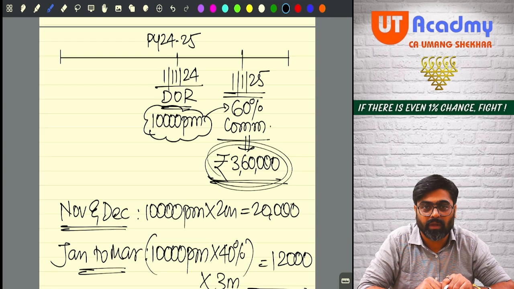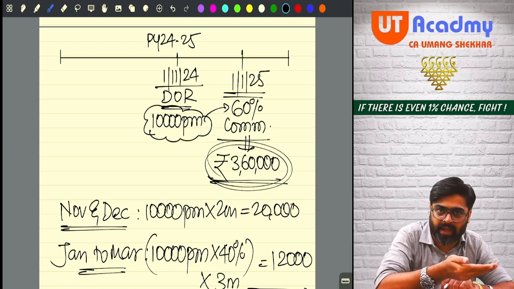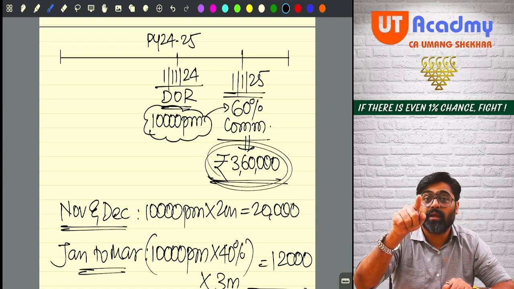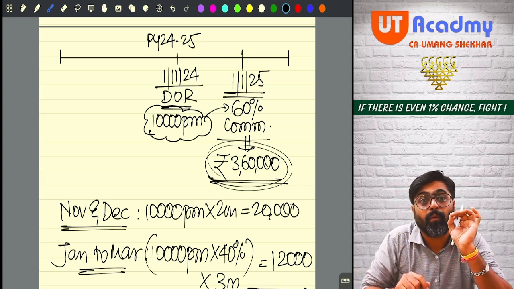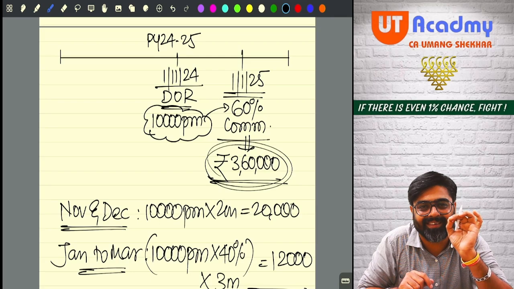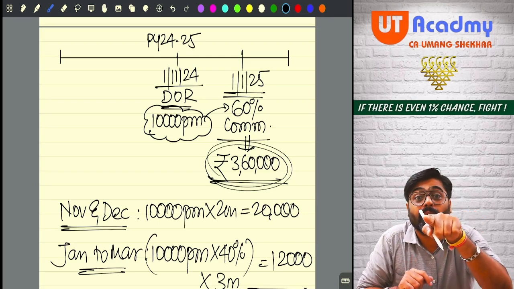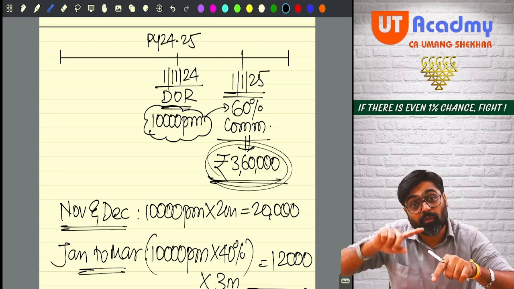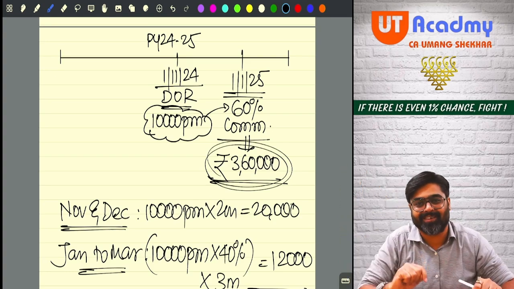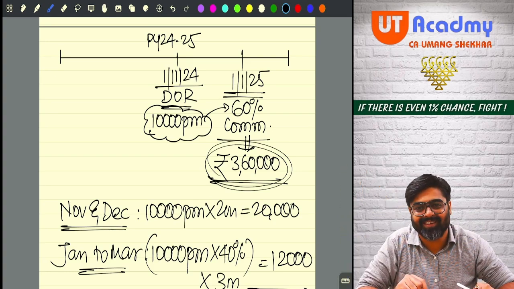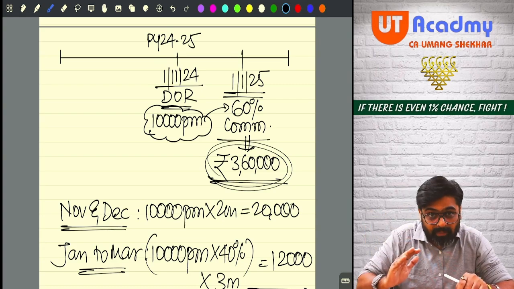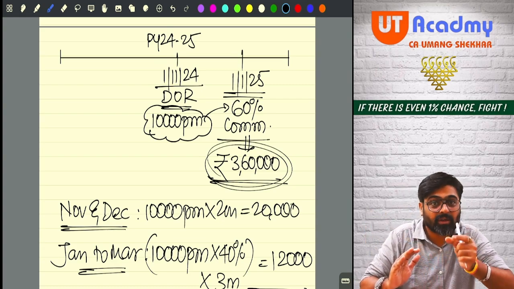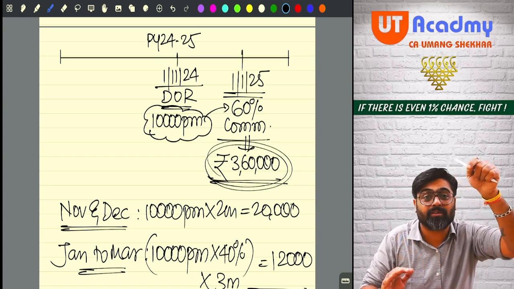No. He will get exemption under 10(10A), but the exemption can be one third of fully commuted pension. This is not fully commuted pension. Monthly pension, 60% of that commuted and getting how much? 3,60,000.